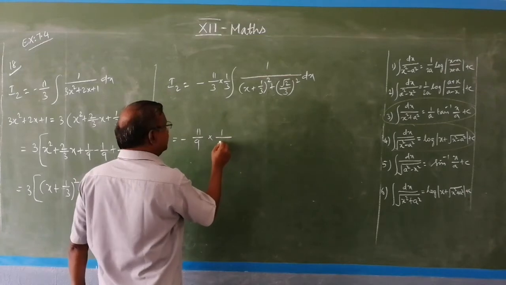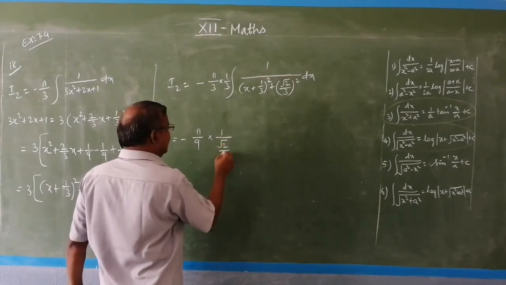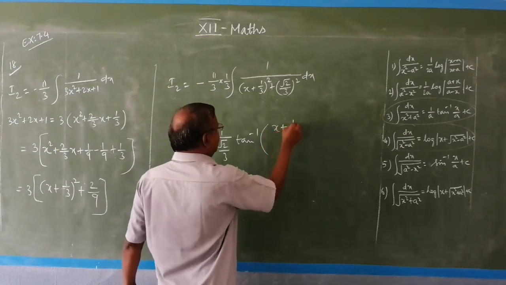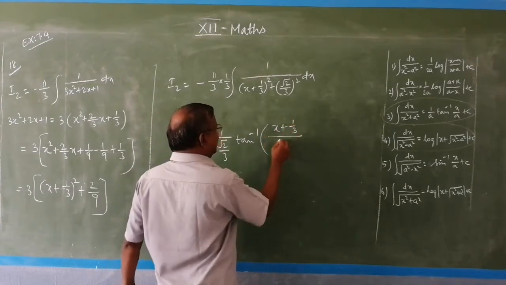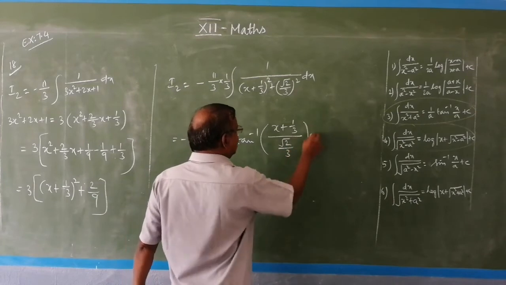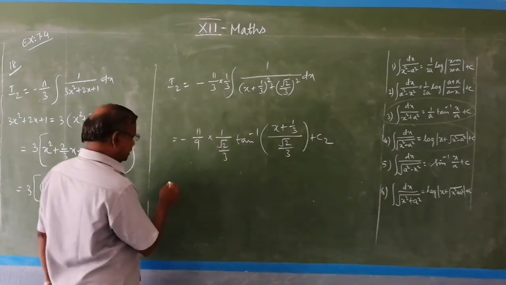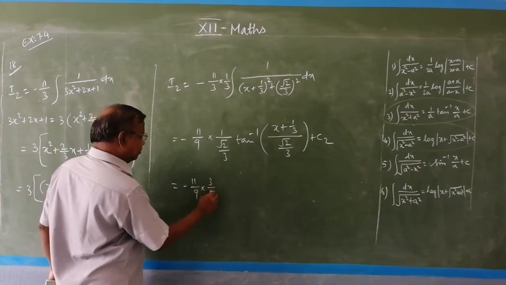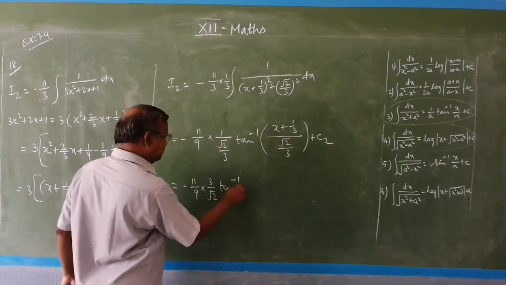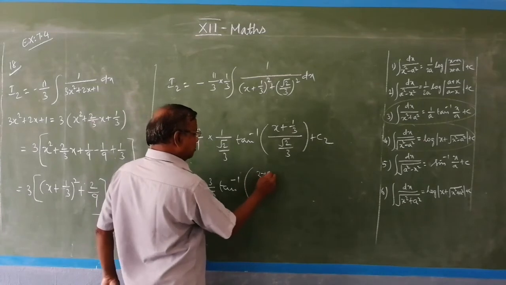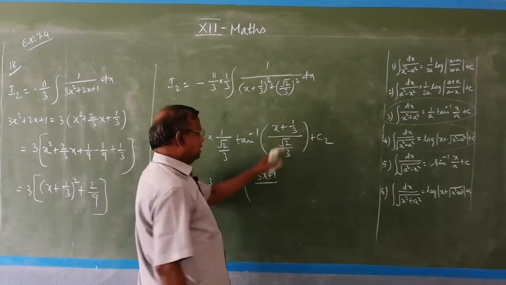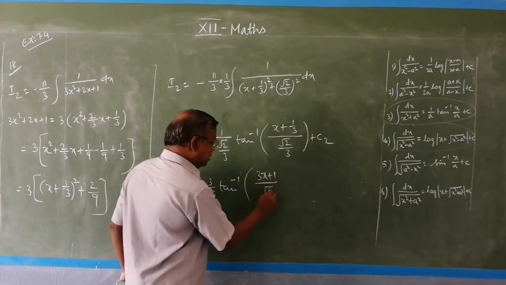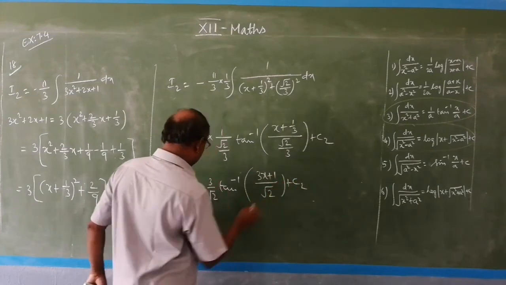Here 1 by a means 1 by root 2 by 3, into tan inverse of x plus 1 by 3 divided by root 2 by 3, plus c2. That equals minus 11 by 9 into 3 by root 2 into tan inverse of 3x plus 1 by root 2, plus c2.